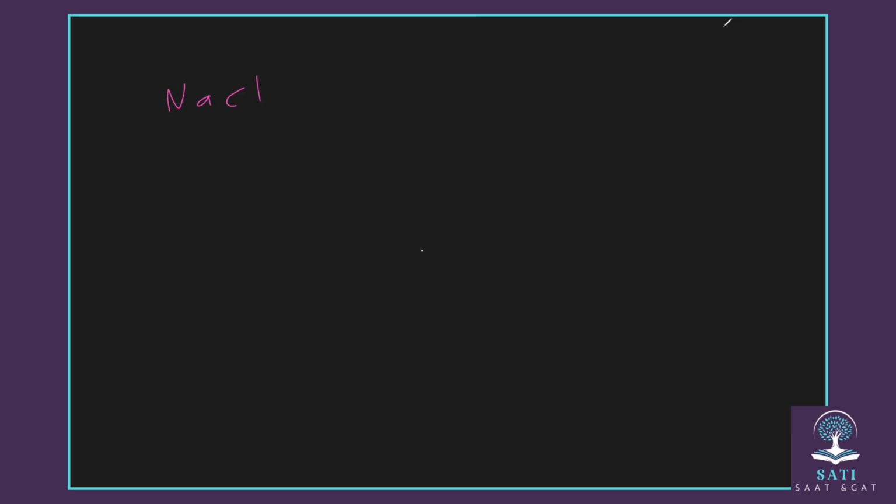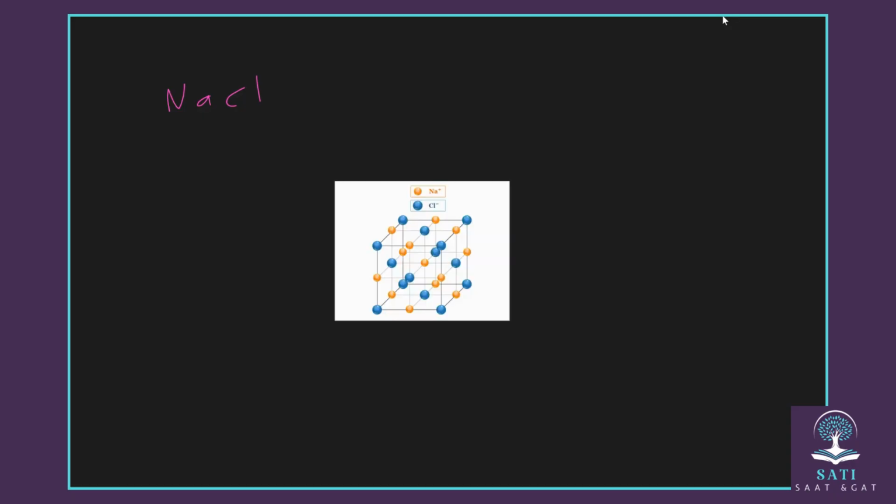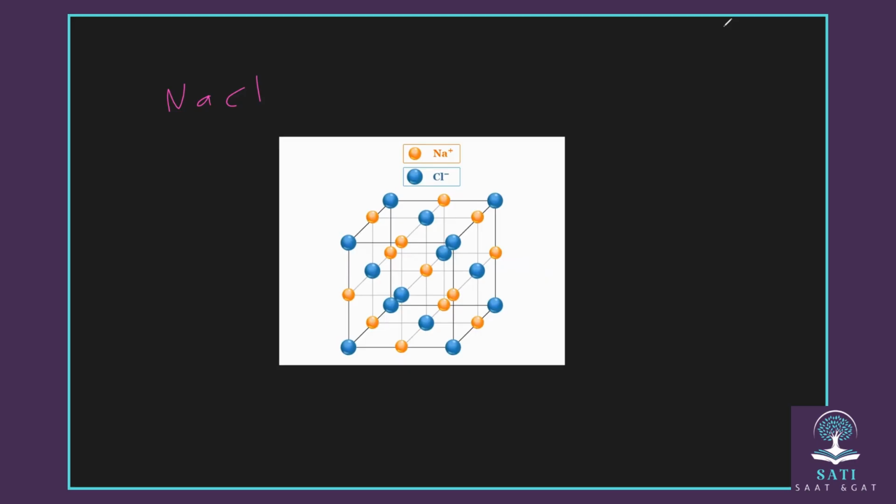I'm talking about Na atoms and Cl atoms. Will they be randomly organized? If you go deeper inside, you're going to see them arranged exactly this way. You believe it? Imagine that this is the salt inside.